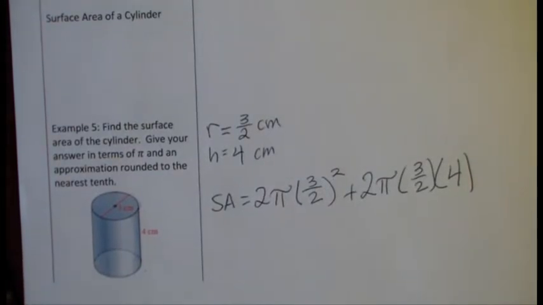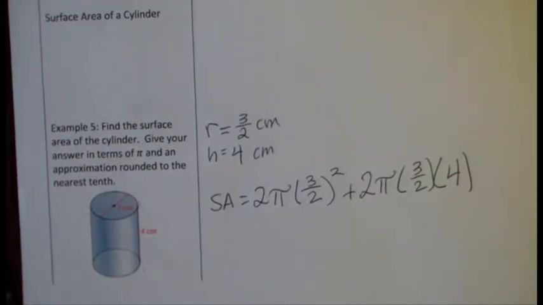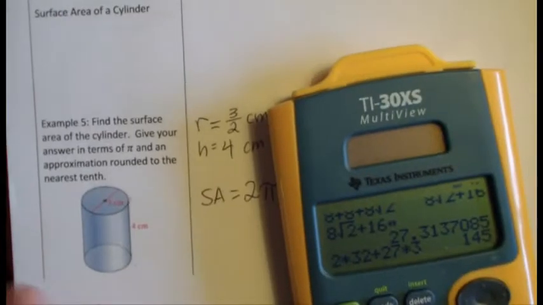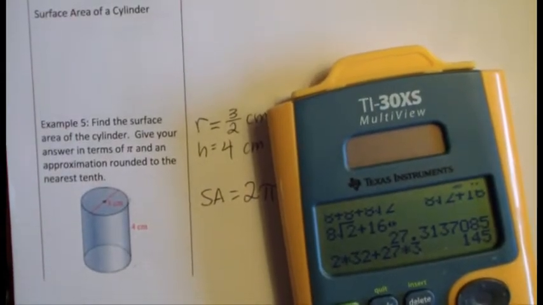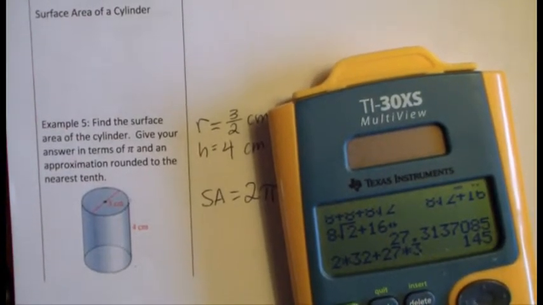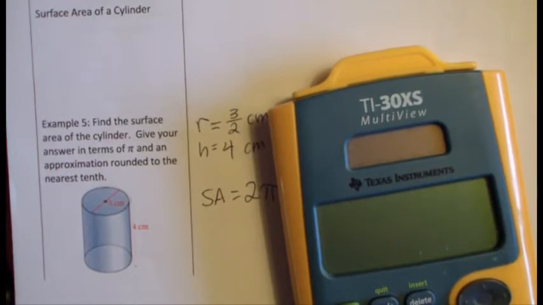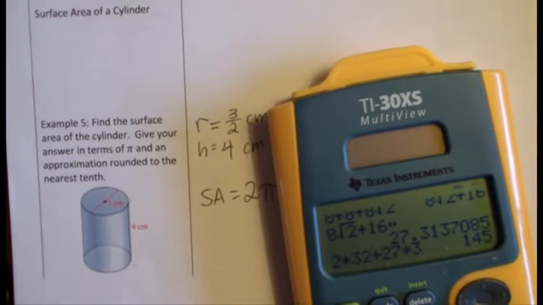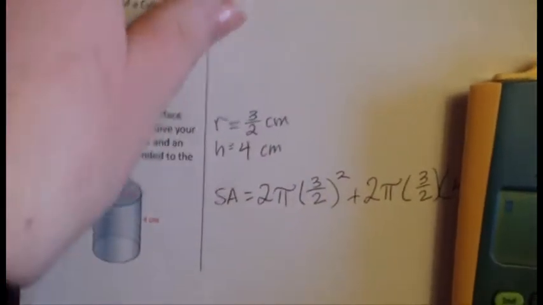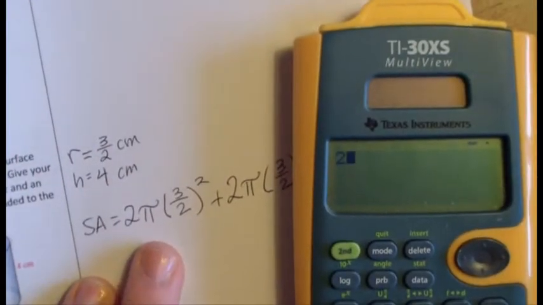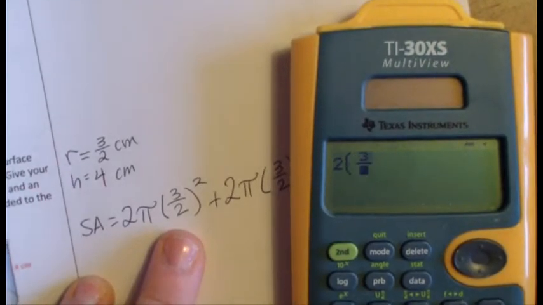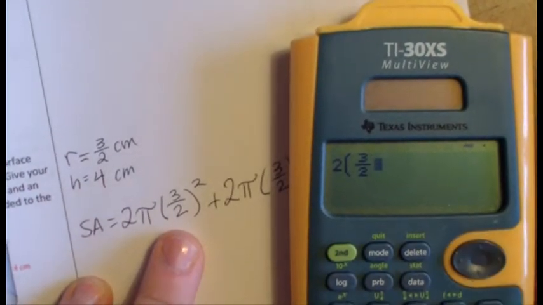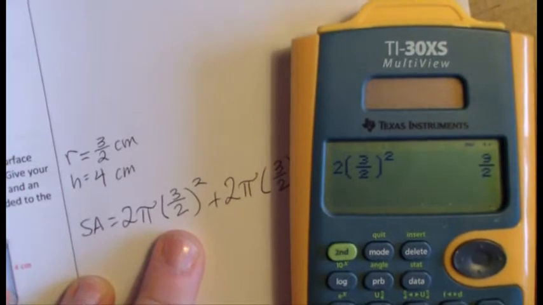Now, if you don't have one of the nice TI-30 calculators that we use in the classroom, you can do this without using the pi button and then plug in pi later. I'll show you what I'm talking about. So 2 times 3 over 2 squared is 9 over 2.